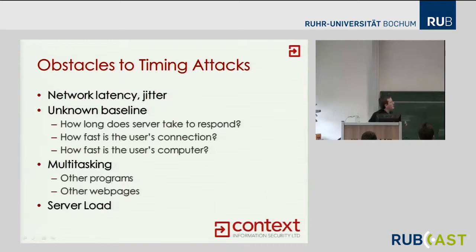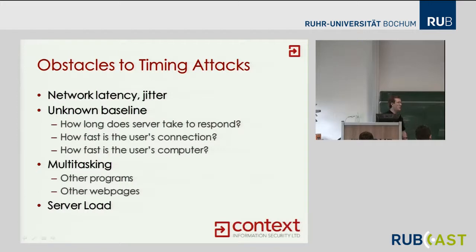So there are some problems, some obstacles to overcome if someone wants to carry out a timing attack. Obviously, if we are dealing with timing attacks that go over the network, there's latency, there's jitter, things that can give imperfect timings. And then, of course, sometimes the attacker doesn't know how long a particular thing might take.